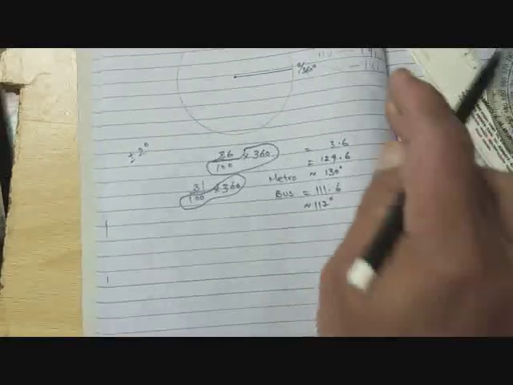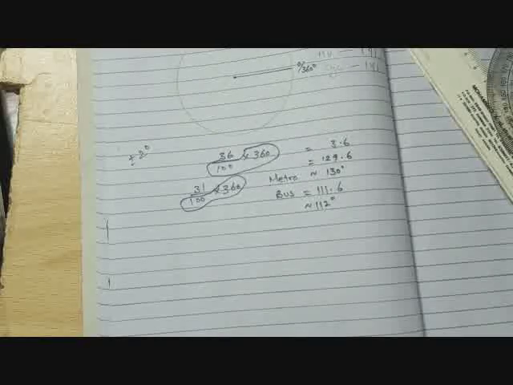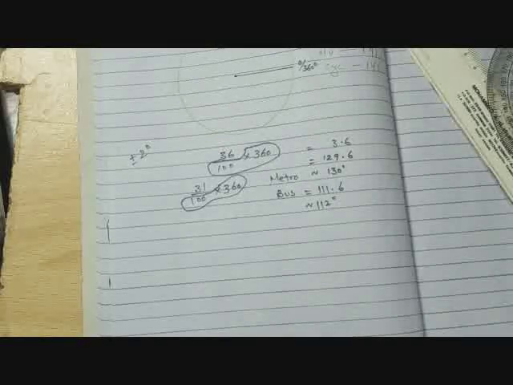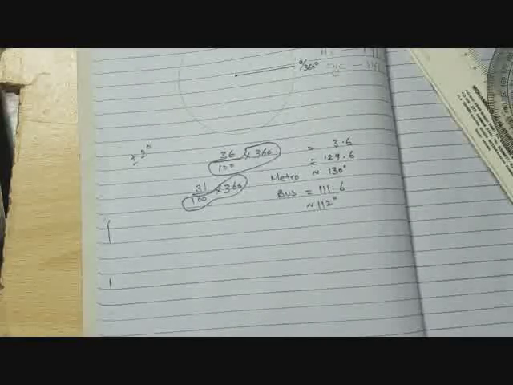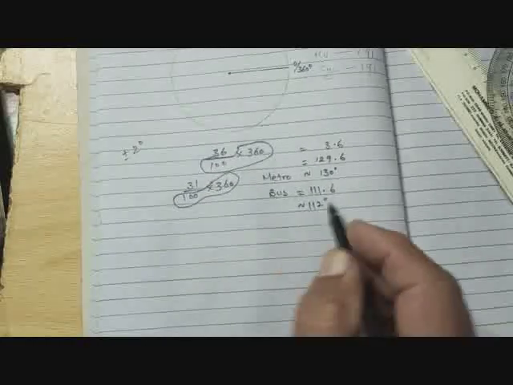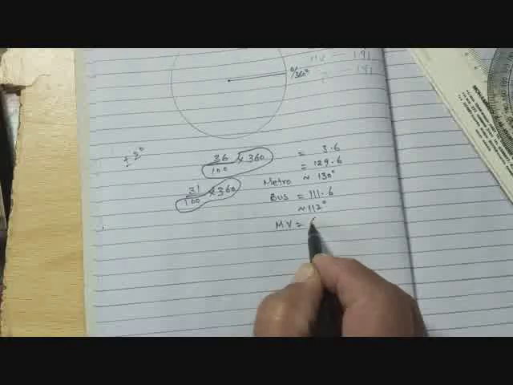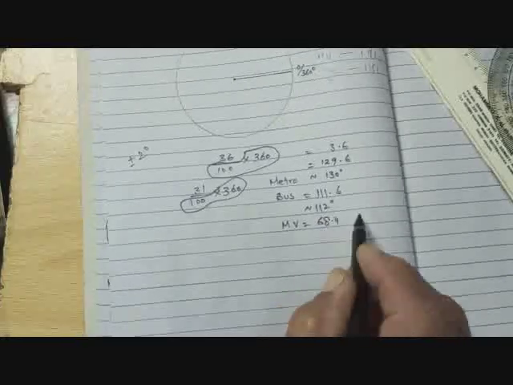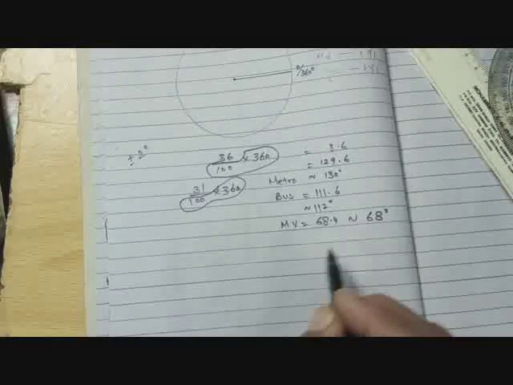Similarly 19%, 19 multiplied by 3.6 will give us 68.4 degree for motor vehicle, 68.4 degree, or almost equal to 68 degree.